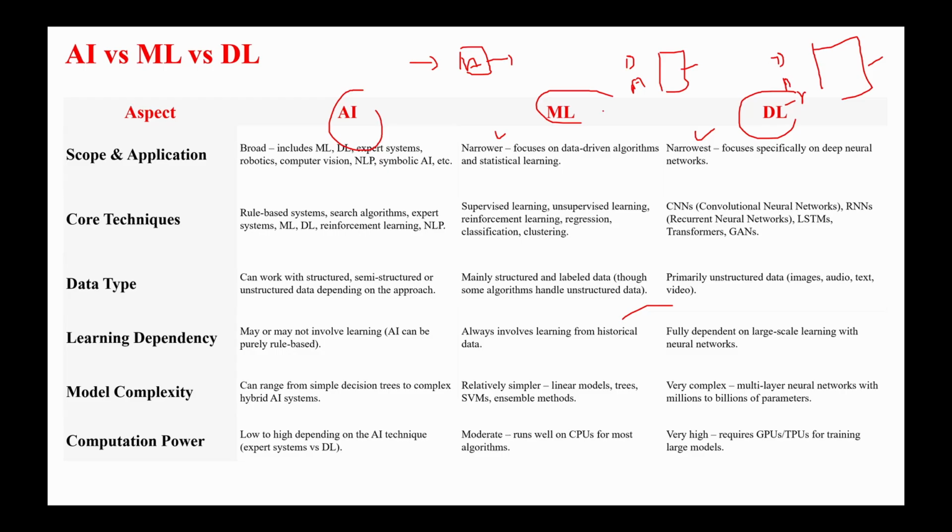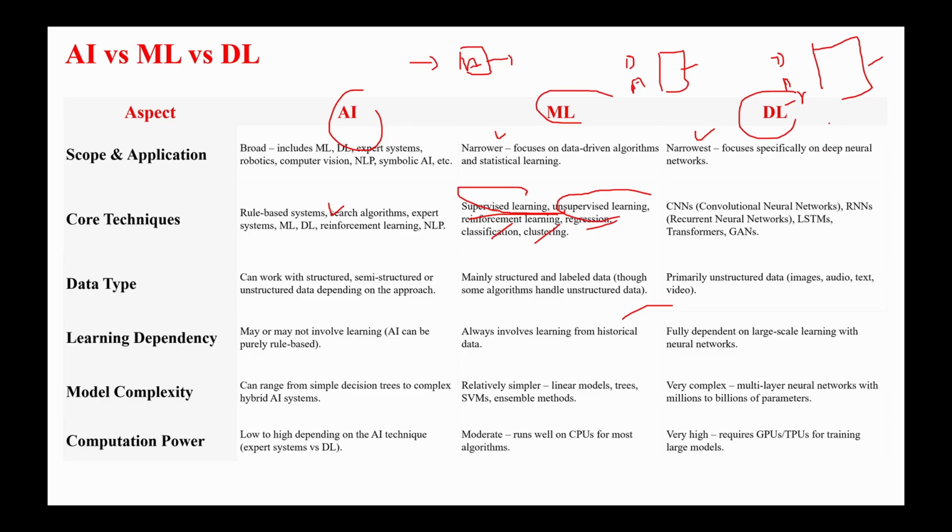The core technique says that AI is always nothing but a rule-based system, antecedent and consequence. If you give effort, the output is pass. If you do not give effort, the output is fail. Like that, AI will work. But machine learning says that on the basis of supervised learning, unsupervised learning, reinforcement learning, regression, classification, clustering, all this we discuss in machine learning.